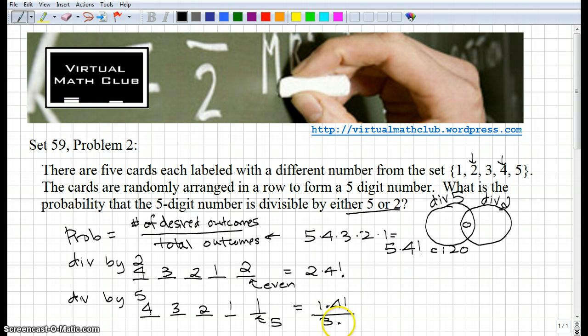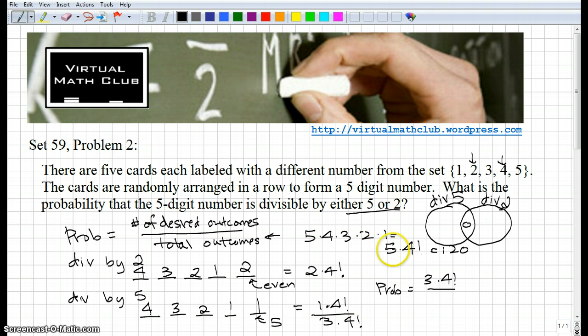Okay, so let's add up our two cases. We have 3 times 4 factorial, right? Again, I'm not multiplying it all out, because when I calculate our probability, I need the total number of desired outcomes. So that's 2 4 factorials plus 1 more 4 factorial gives us 3 4 factorials.